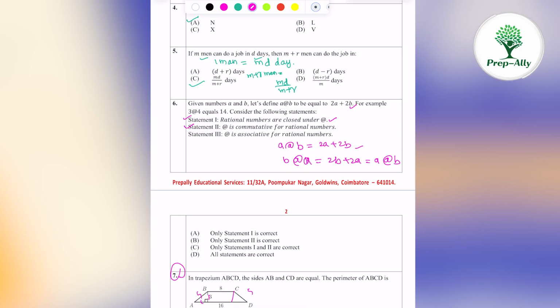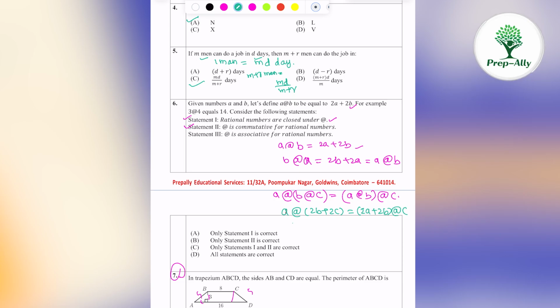Now for the associative, we have to use this one. (a operation b) operation c should be equal to a operation (b operation c). If these terms are equal, then we can say this is associative. Here we can write a operation (b operation c) as 2a plus 2 times (2b plus 2c), and the other as 2 times (2a plus 2b) plus 2c.